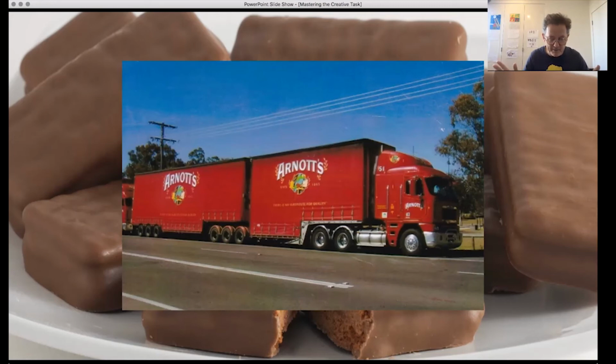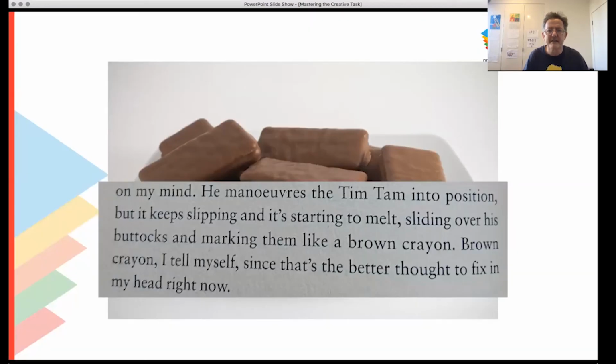I wasn't happy about that, but you shouldn't ever promise things to an author and then not deliver, because authors can always get you back. I was writing a book at that time, and I thought, how can I work a Tim Tam into this book in some way that something bad happens to the Tim Tam, and a Tim Tam goes where a Tim Tam has never gone before and never should go? So in the end, I got them back.